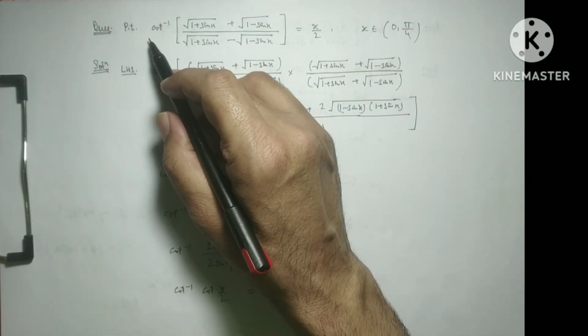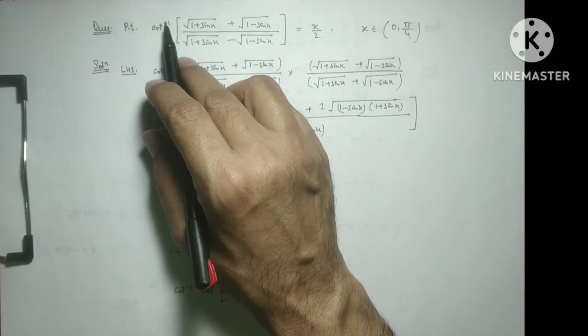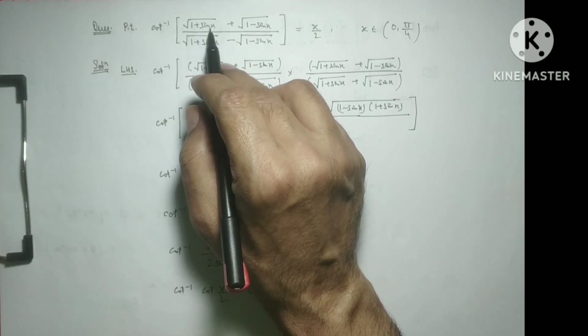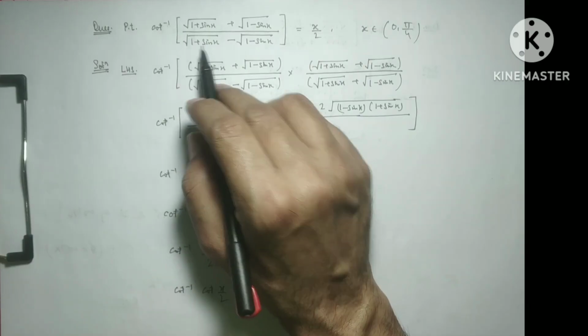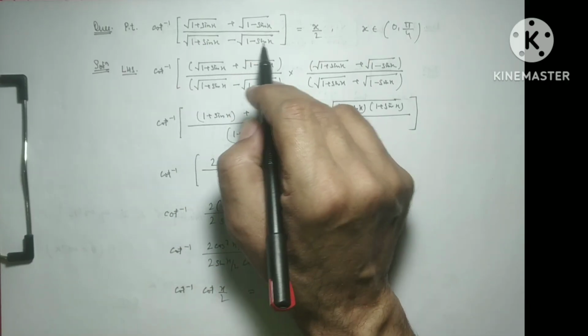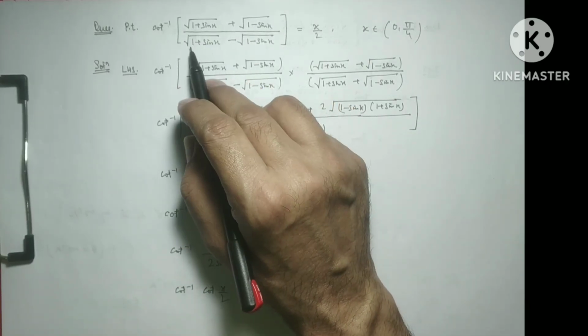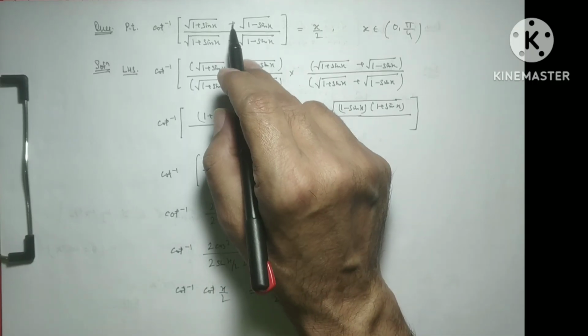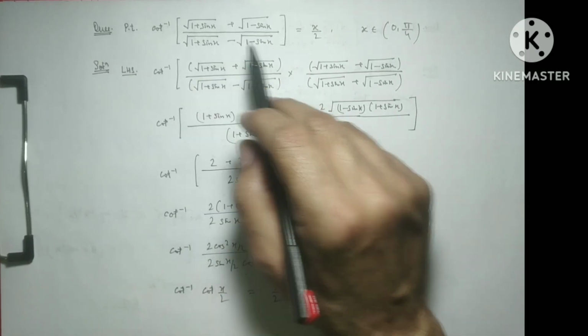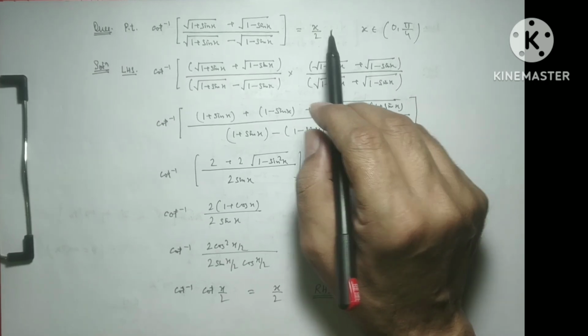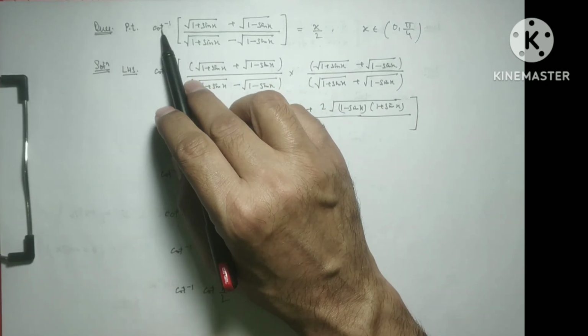Now the next question, prove that cot inverse of under root of 1 plus sin x plus under root of 1 minus sin x, divided by its conjugate, meaning the same values but with opposite sign, and the answer should be x by 2, and outer we have cot inverse.